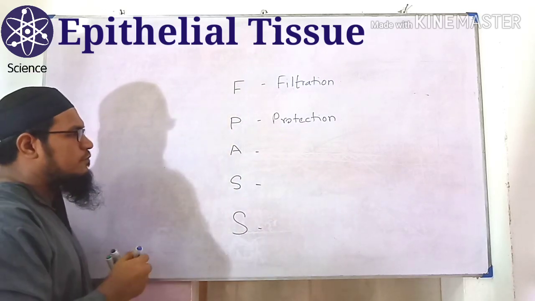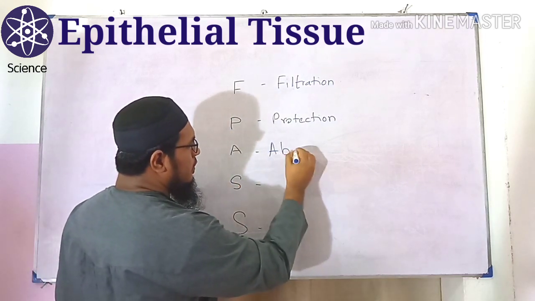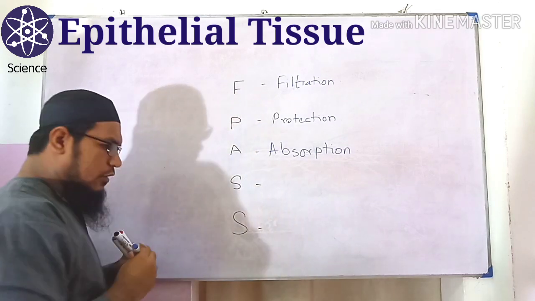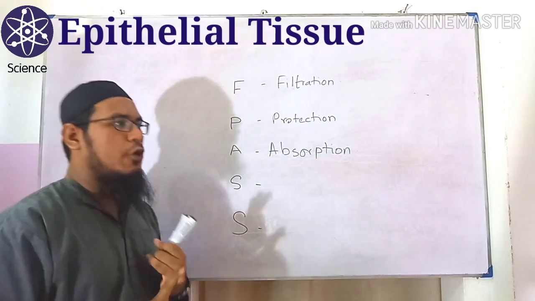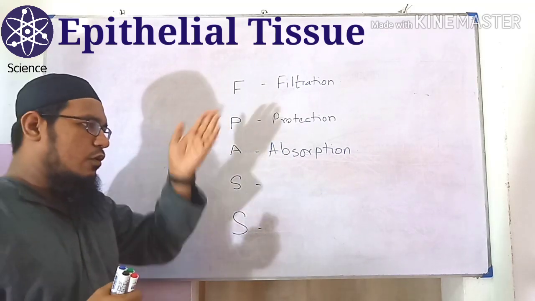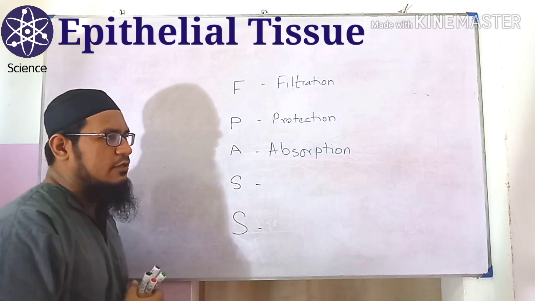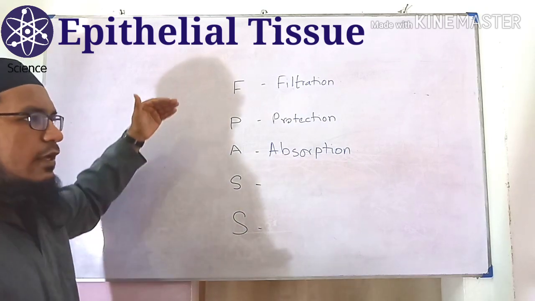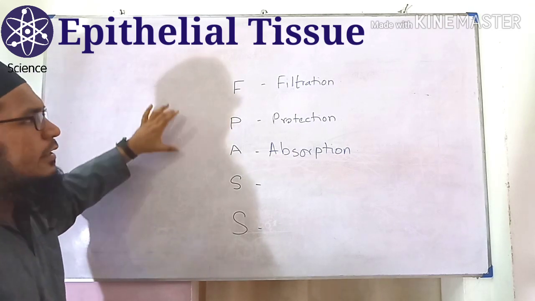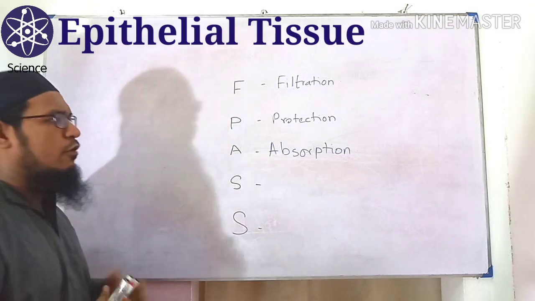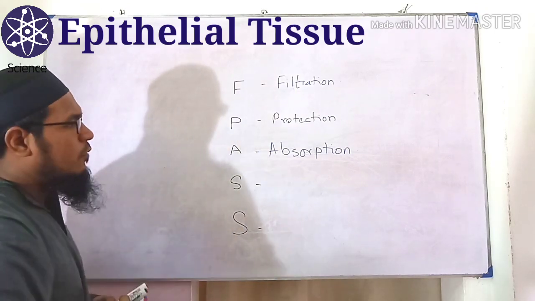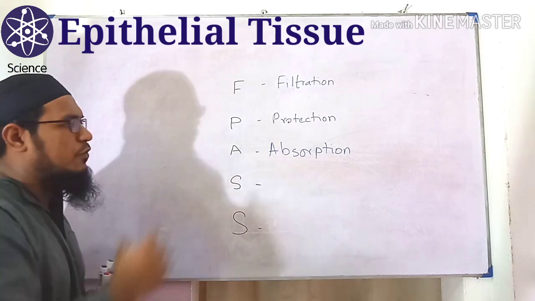Then the next one, absorption. We know that the food which we eat, carbohydrates, protein, lipid, fat, all those things, when they go within the alimentary canal, within the digestive system, undergo breakdown. There is mechanical breakdown and chemical breakdown. Under chemical breakdown, carbohydrates break down to starch, then starch breaks down to maltose, maltose to glucose, like that many processes are there.